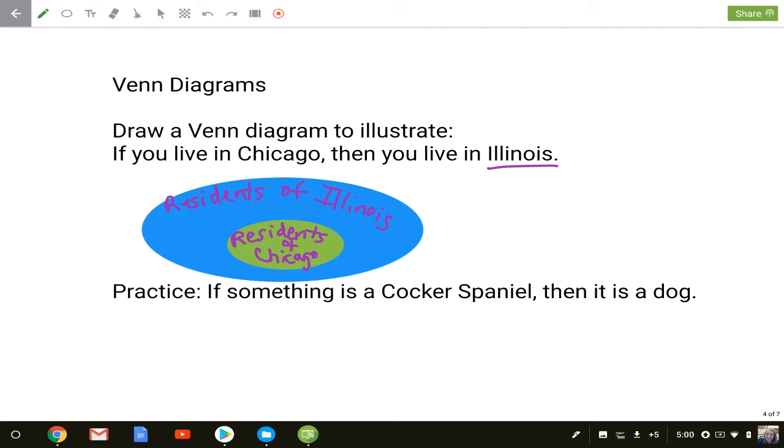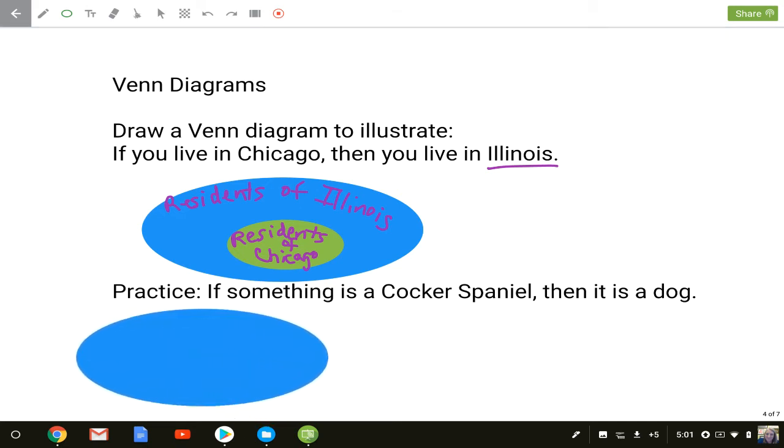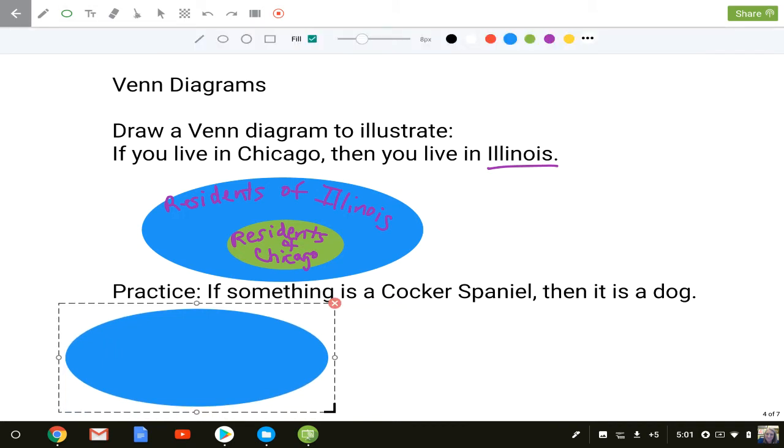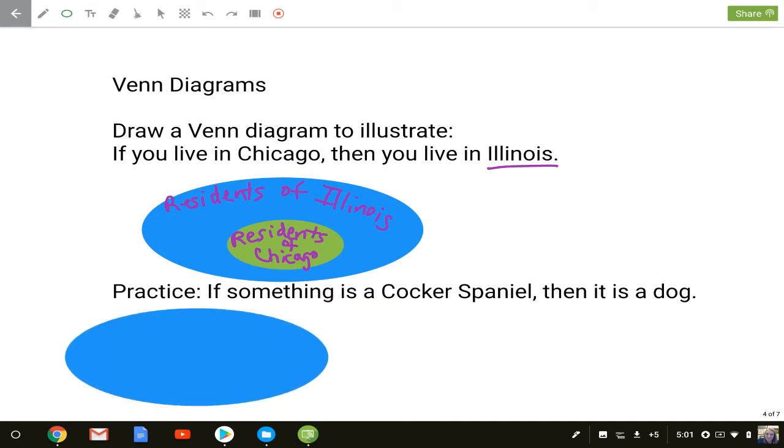Now, you try to make a Venn diagram that represents: if something is a Cocker Spaniel, then it is a dog. Okay, I'm trying to make my ovals.